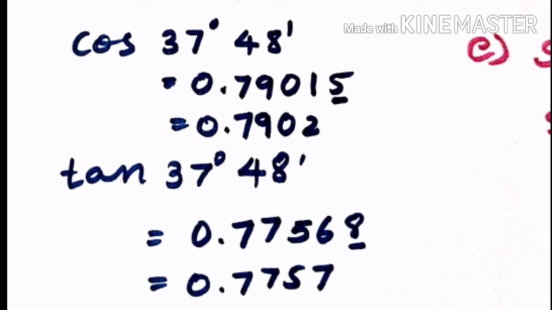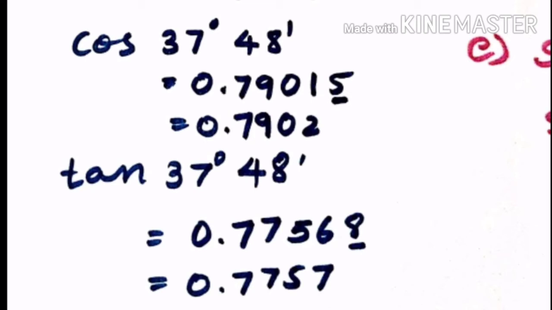Now the fifth value after the decimal point is 8, so you have to round it off by adding 1 to the previous number. So our value will be 0.7757.